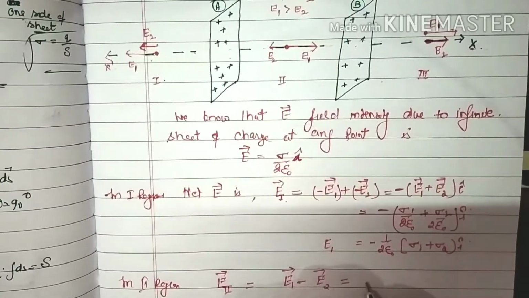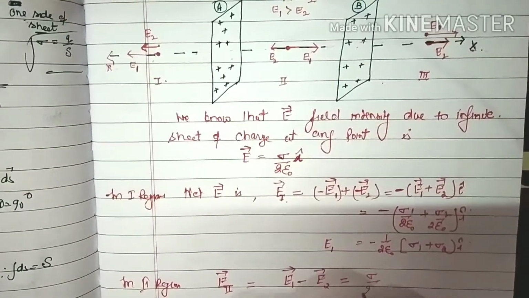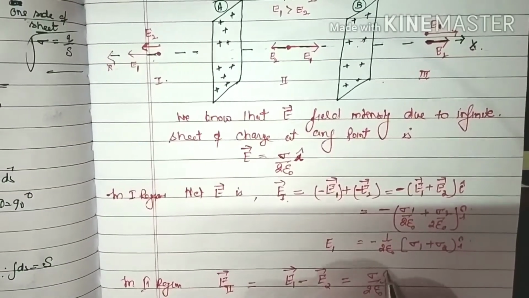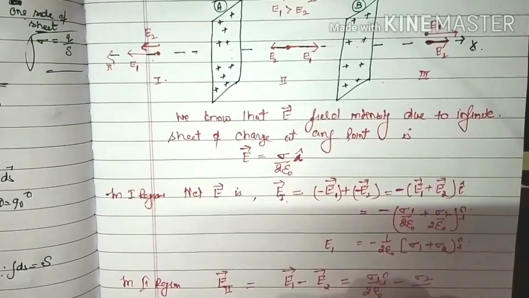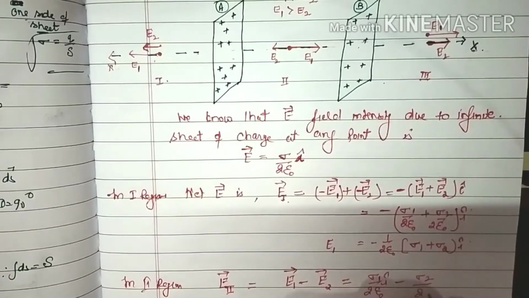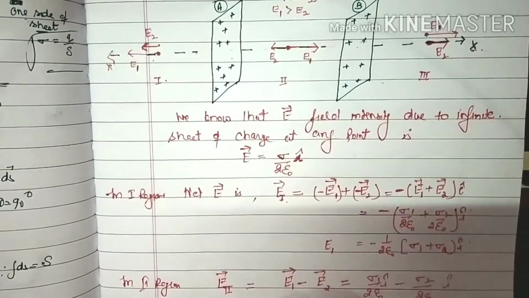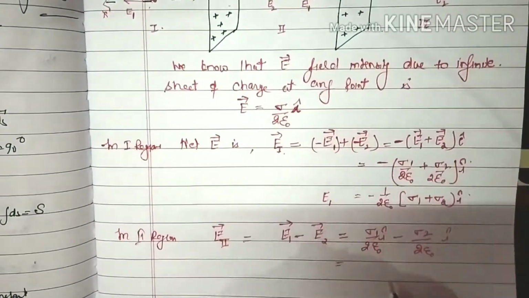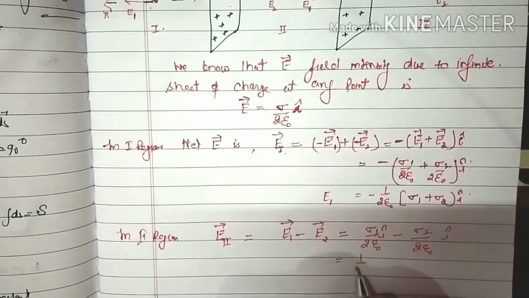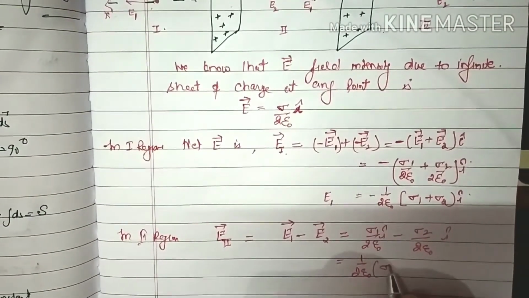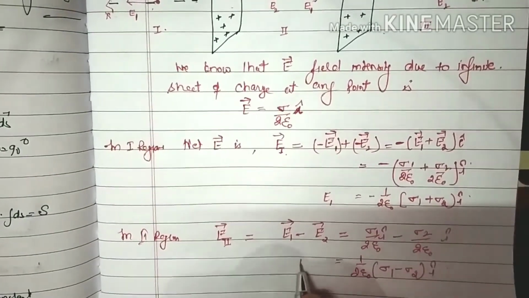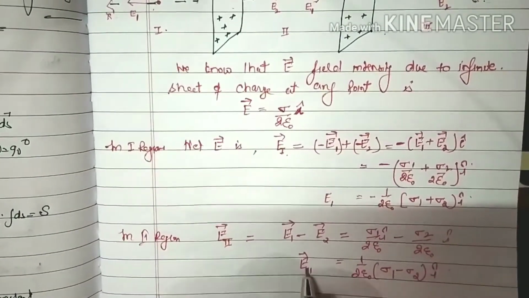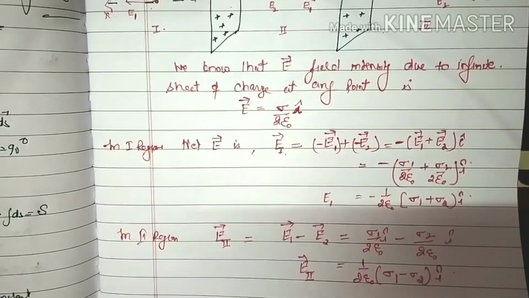Then we write sigma 1 upon 2 epsilon naught minus sigma 2 upon 2 epsilon naught. We write 1 upon 2 epsilon naught (sigma 1 minus sigma 2), with the direction unit vector. This is the electric intensity in the second region.